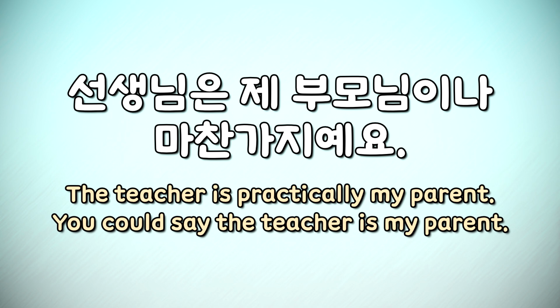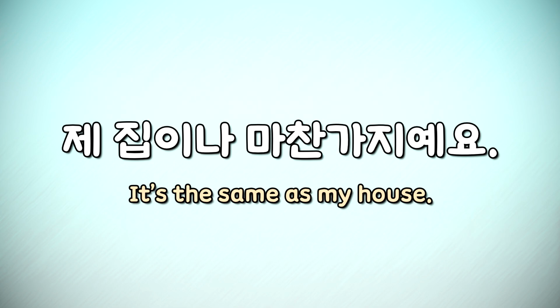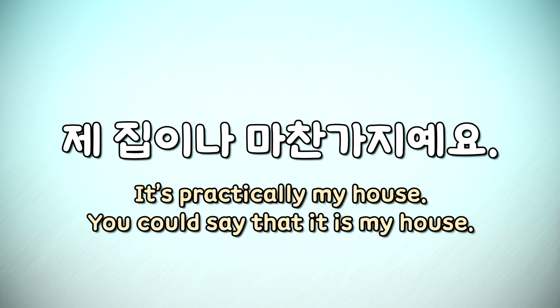Or you could say, the teacher is my parent. 제 집이나 마찬가지예요. It's the same as my house. We can also translate this more naturally as, it is practically my house. Or you could say that it is my house.